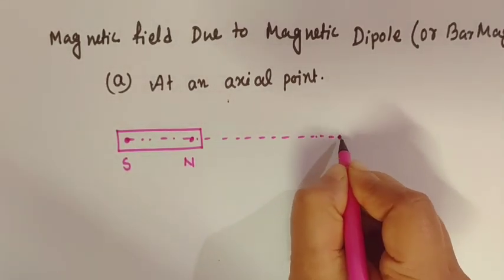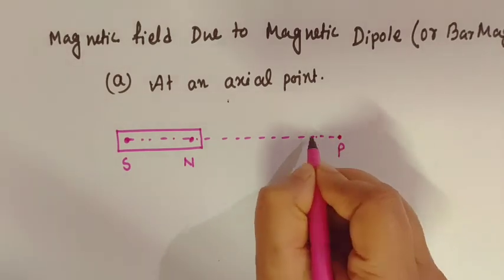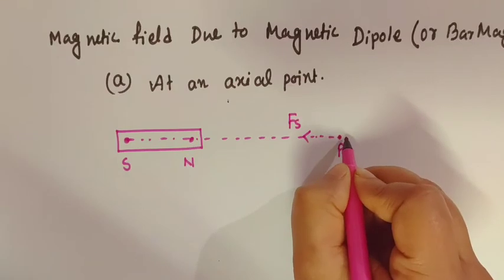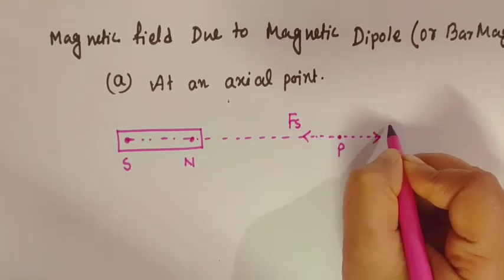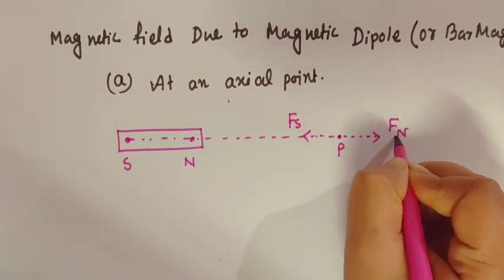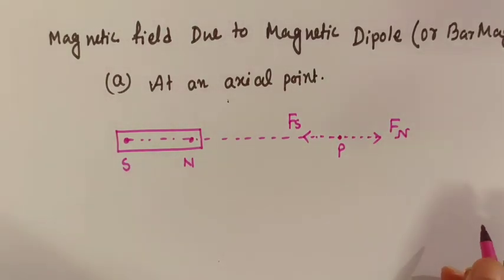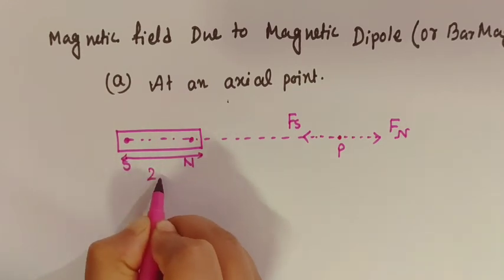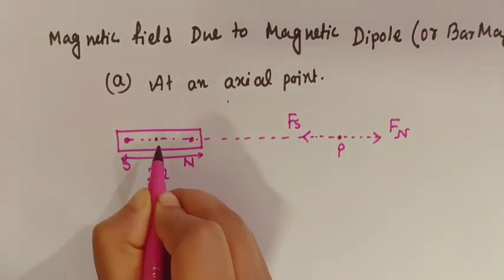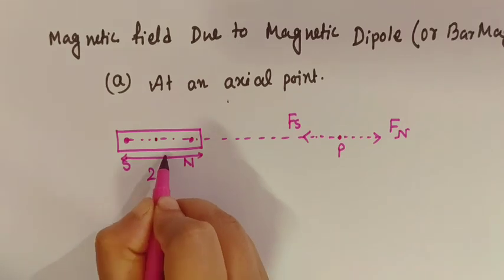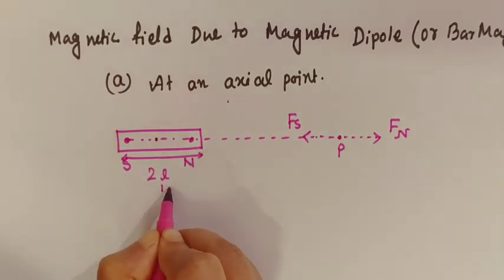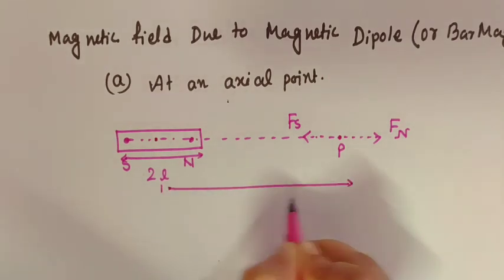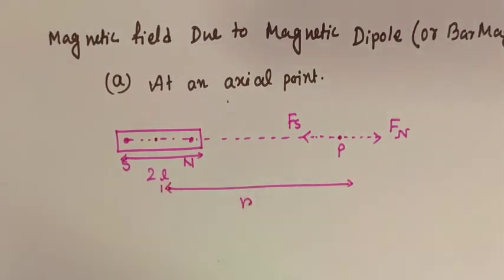Suppose one point is P here, and the force directed along the S pole is Fs, and for the N pole is Fn. Okay, and the distance between these two poles is 2l, with the middle point here, and from this middle point the distance of the point P is r.